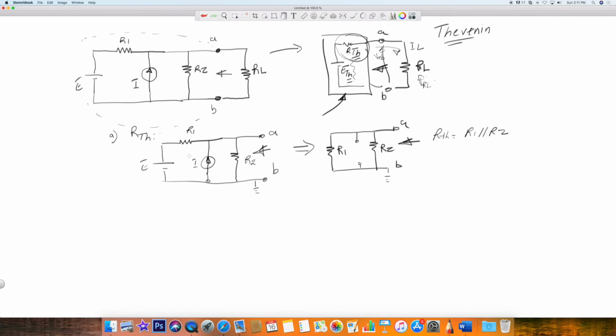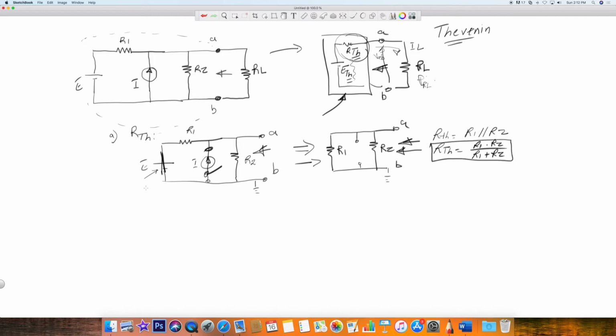Obviously, if we had a different kind of network, we could have a combination of series and parallels, all depending on what happens when you short your voltage source and open your current source, obtaining a circuit of this nature and looking at R total from this angle. So RTH, mathematically, will be R1 times R2 over R1 plus R2.